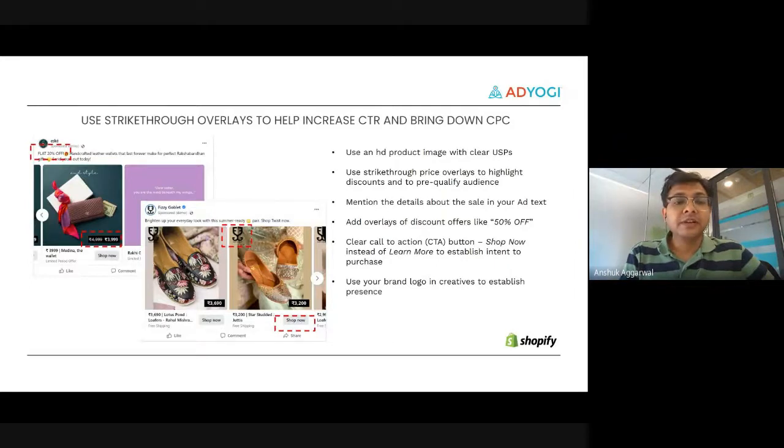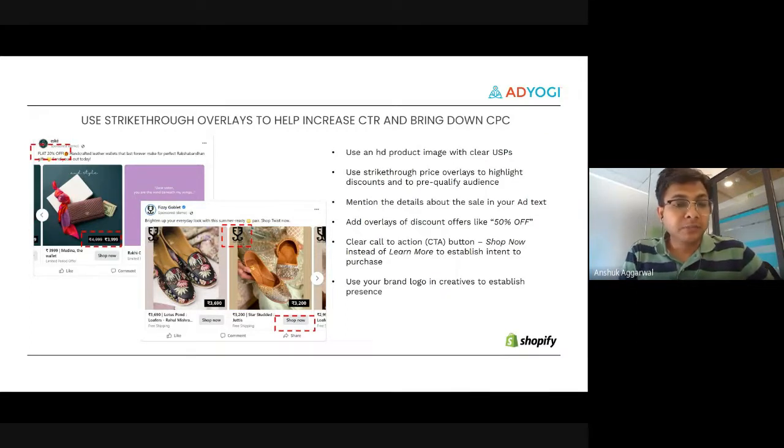Then you can also create some urgency. So you can say that 20% off for Raksha Bandhan, 20% off only for 10 days. That also increases the CTR. We can have overlays of discounts, like one of our brands, Ray Rabbit, does that 50% off overlay. And we can also add some emoticons.